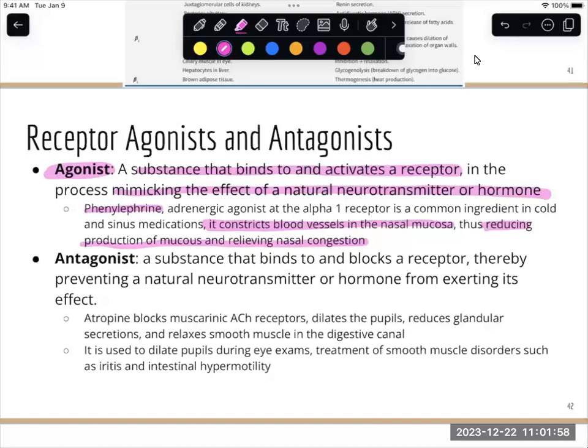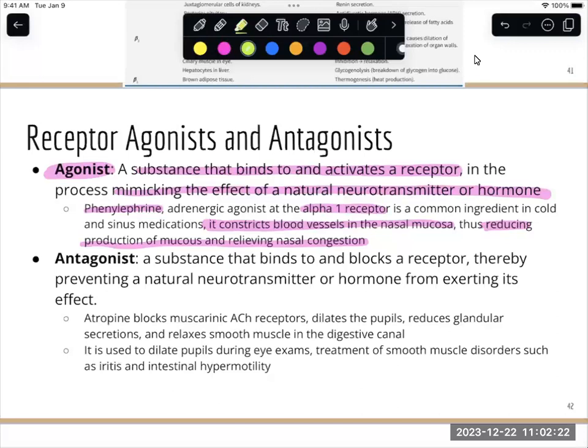Those of you going into nursing will learn some basic pharmacology, and this is some of that pharmacology that you will learn. That name of the drug, phenylephrine, it works on an alpha-1 receptor. You'll learn what receptors it works on and what it does.